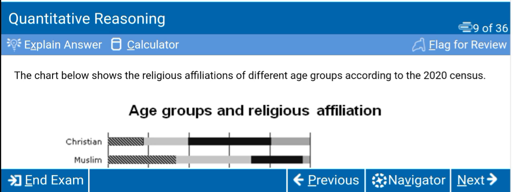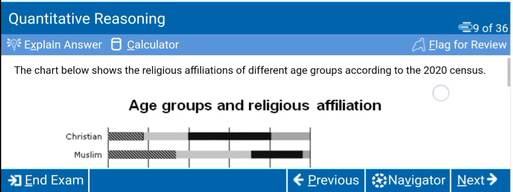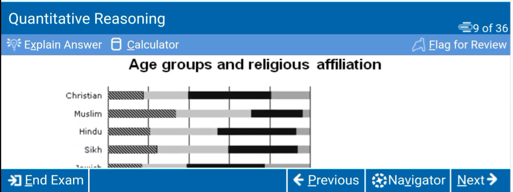The next question we have is, the chart below shows the religious affiliations of different age groups according to the 2020 census. Age groups and religious affiliation.